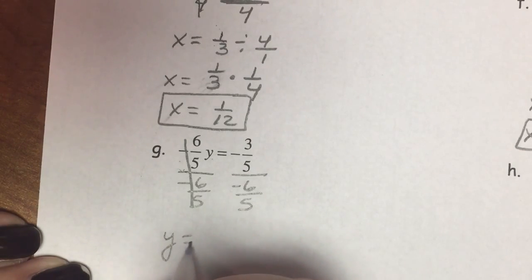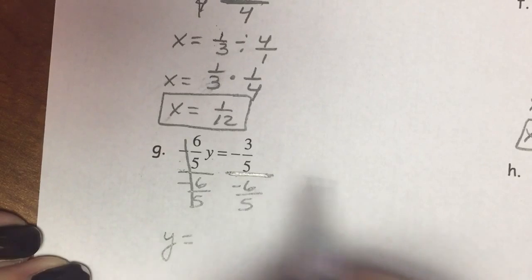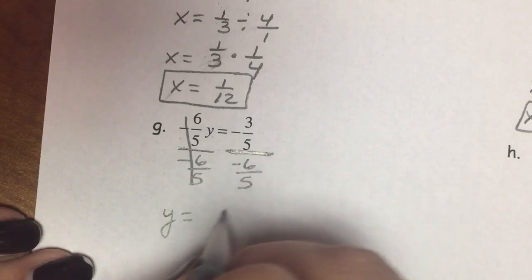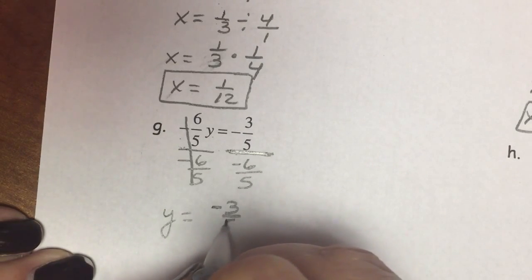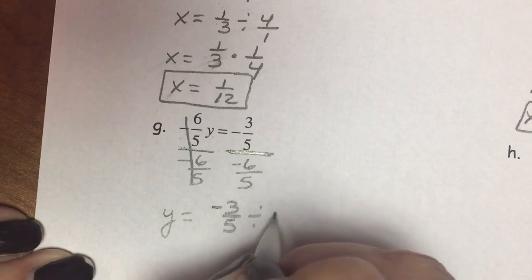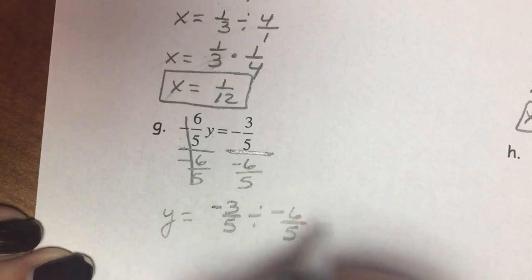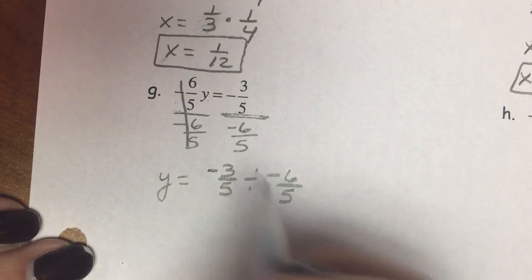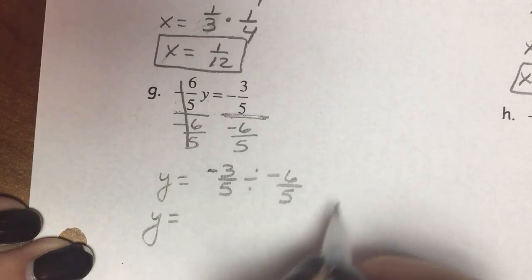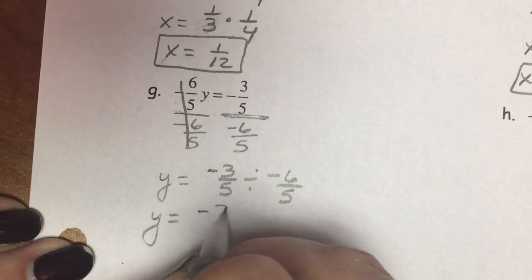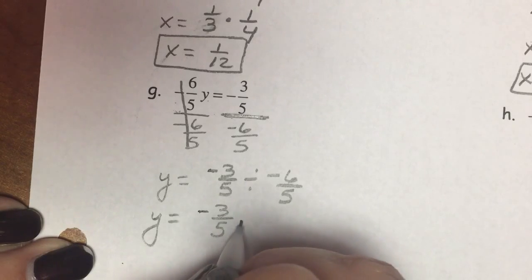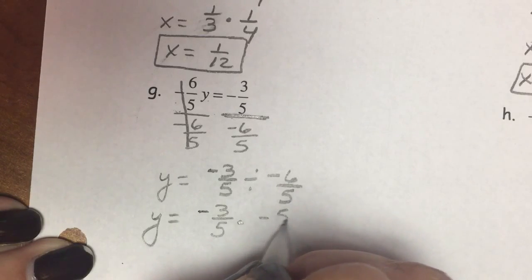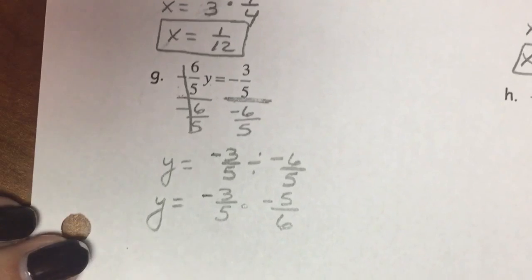Y is equal to, again, it's a division problem, so I'm going to do negative 3/5 divided by negative 6/5. Flip the fraction after the division sign, negative 3/5 times negative 5/6.